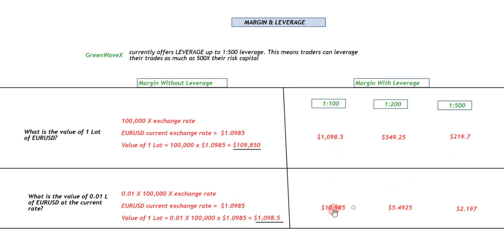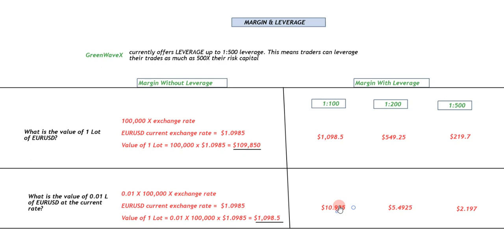That's going to be around $11 if you open this trade. Before you open that trade, the margin you have on your account is $100, which is your real money. But if you open this trade, which is like $11, while the trade is going on, your margin will be reduced to 100 minus 11, that's $89.